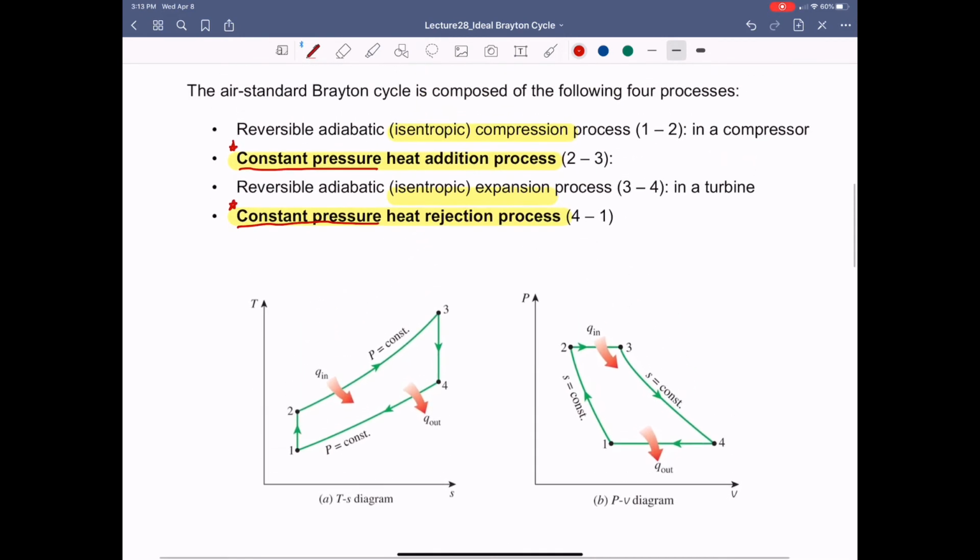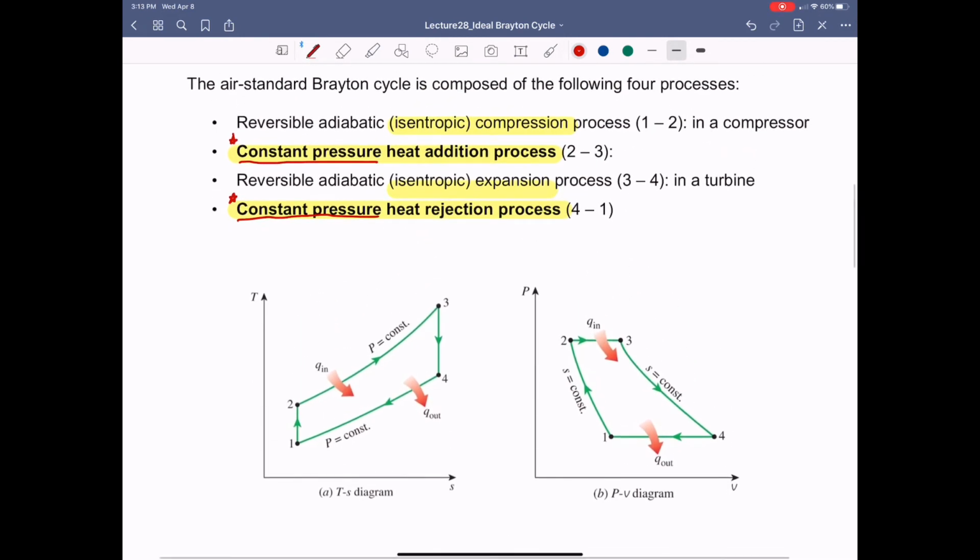Now, with those 4 processes, can you draw the TS diagram and PV diagram? For the TS diagram, the isentropic compression process can be drawn as a vertical line going up from 1 to 2, right? Because we have compression, and usually a high pressure curve goes up in the TS diagram. And now from 2 to 3, we have a constant pressure heat addition process.